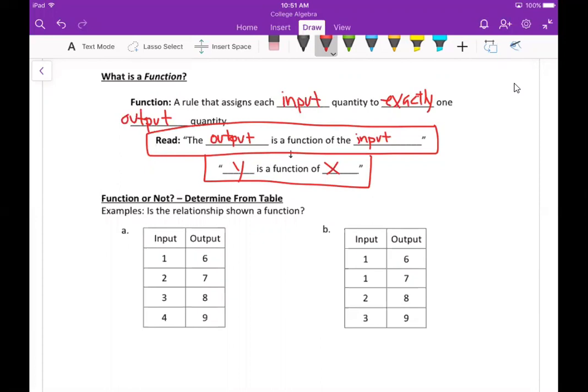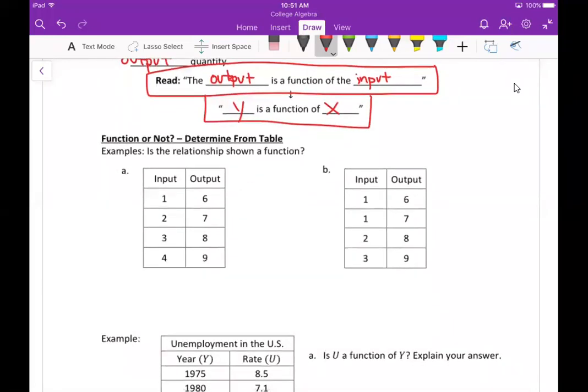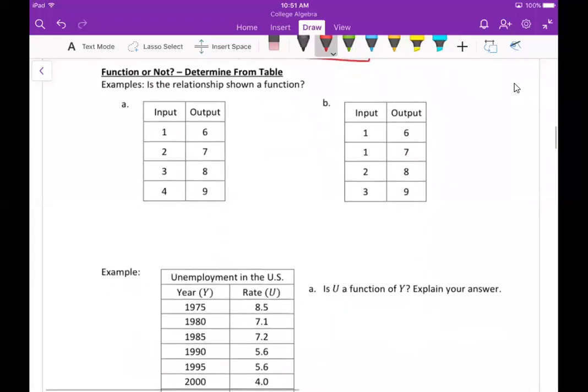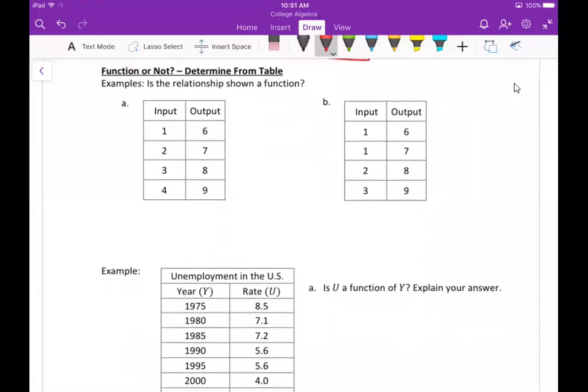So let's talk about this. What does it mean for an input to be assigned to exactly one output? So we're going to look at some relationships and decide if they're functions. Let's start by looking at some relationships in tables and decide if these are functions. So if I look at this first relationship here in part A, does each input have exactly one output?